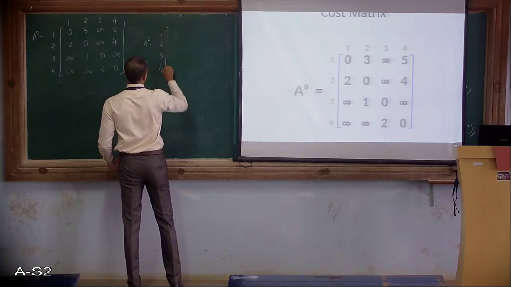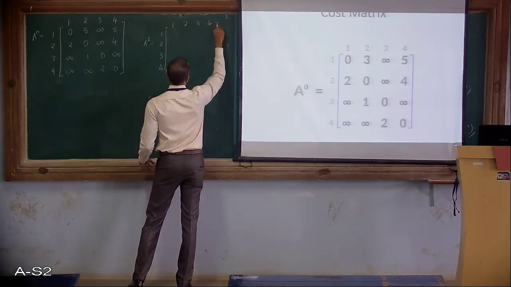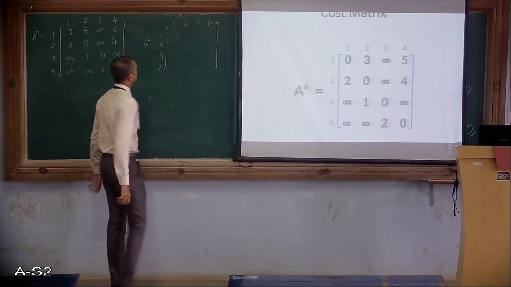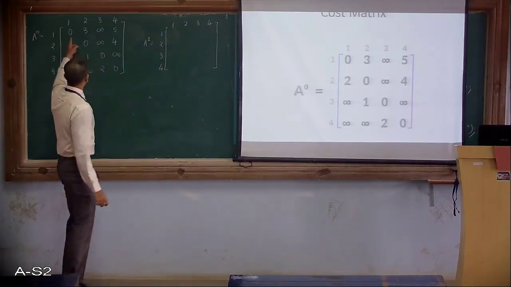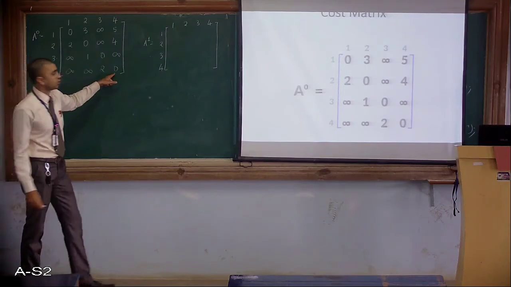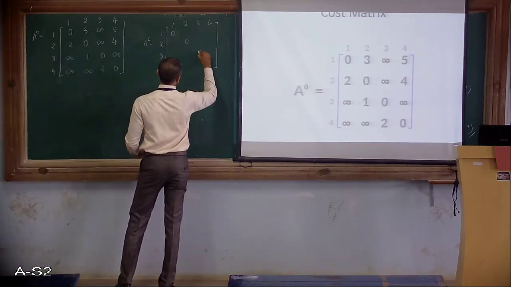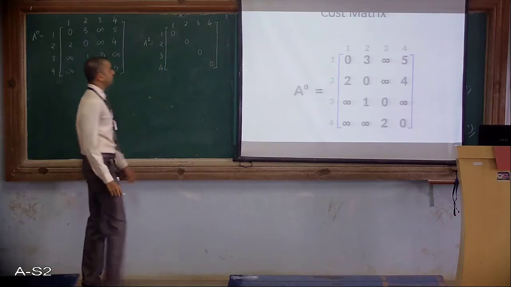So A1 will be derived from A0. Alright. So I'm going to write the diagonal elements as they are. They are going to remain the same. They will not change. So 1 to 1, 2 to 2, 3 to 3, and 4 to 4 will remain 0.